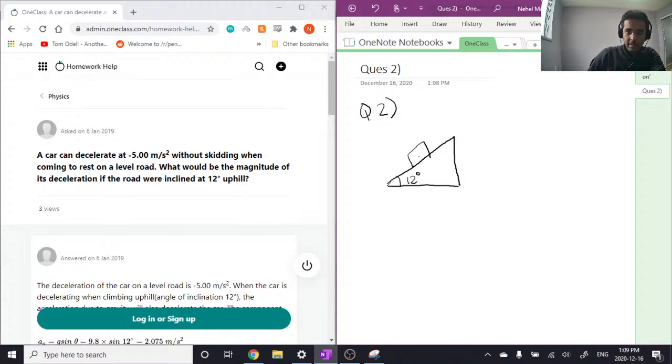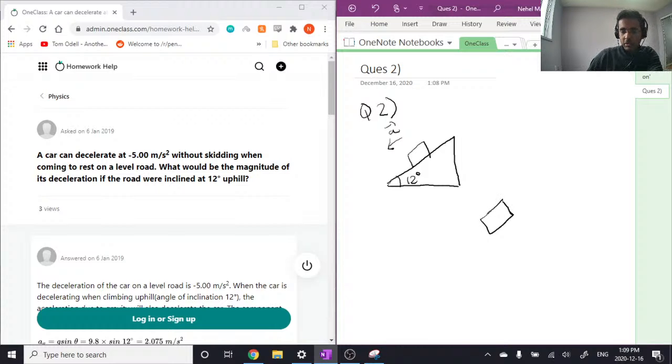Okay, now when it says it's decelerating, it means that its acceleration is actually in this direction. Looking at this diagram, we have a lot of forces acting on this car. So we can make the free body diagram of this. So let me just separate out the car here, and then draw the free body diagram.